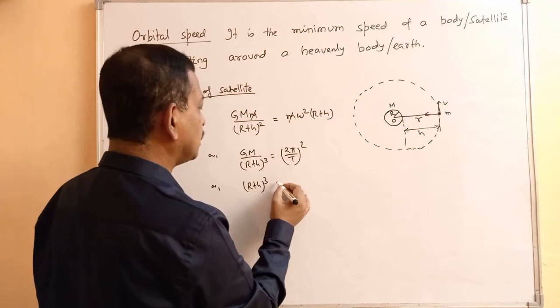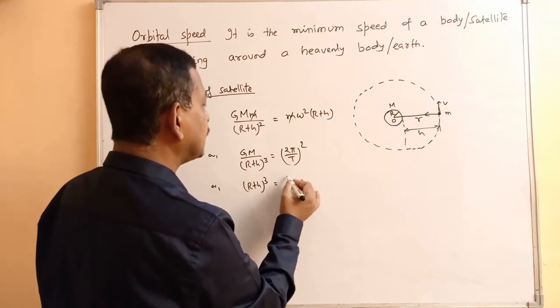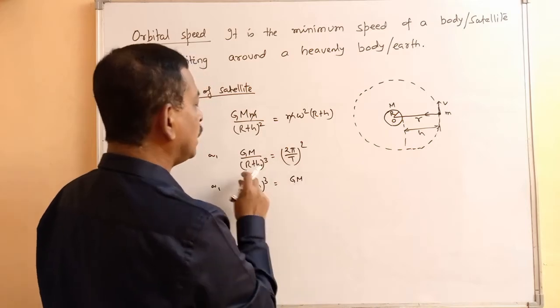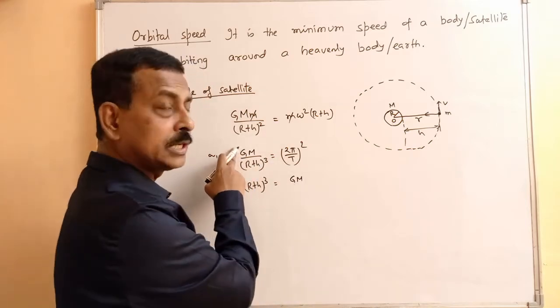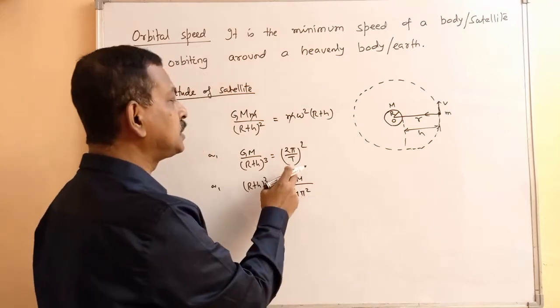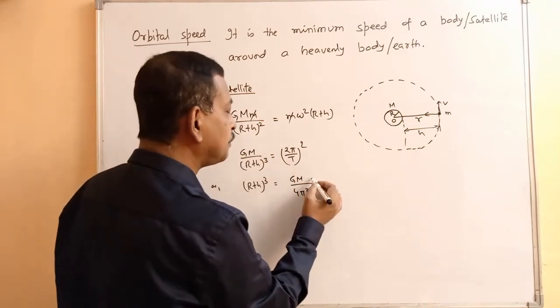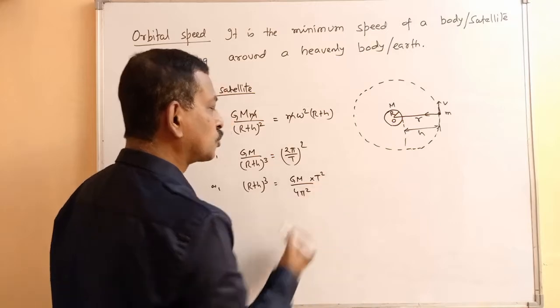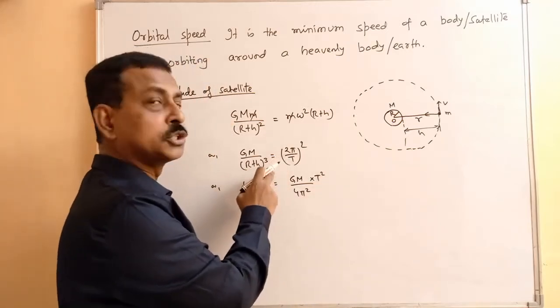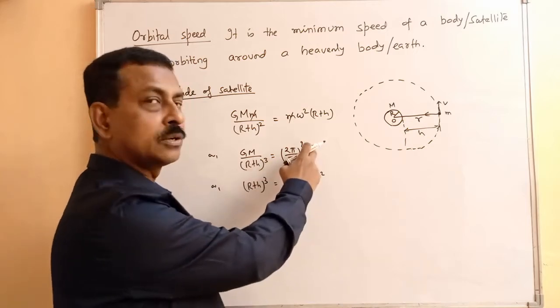If I take this side, in that case it is your GM divided by 4 pi square, and this T square term will come here, so into T square. This is the expression for R plus h whole cube, because that term we have taken this side.